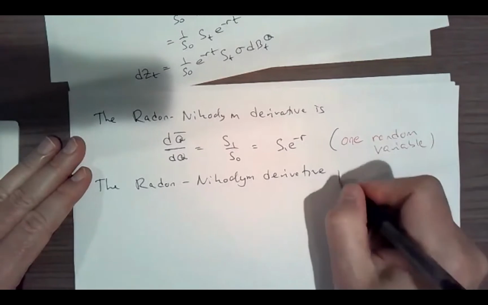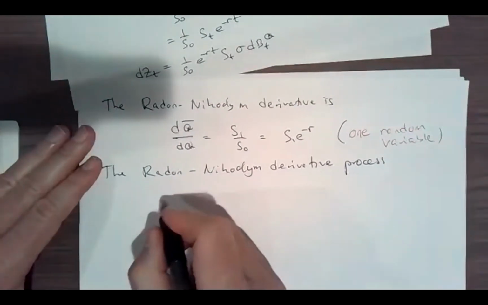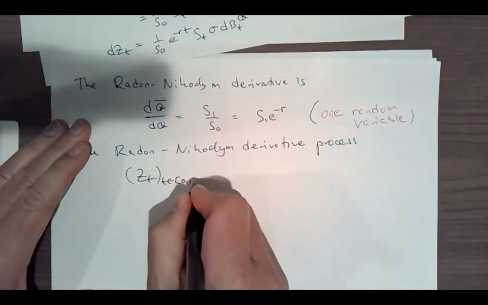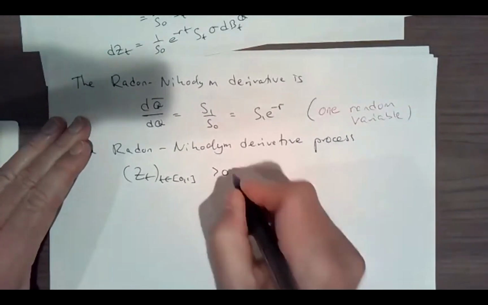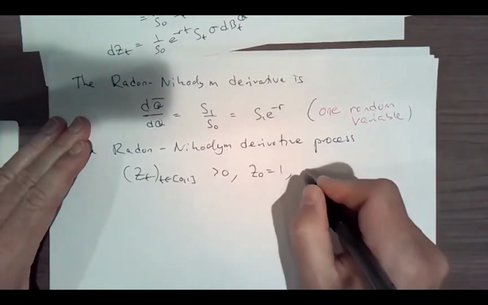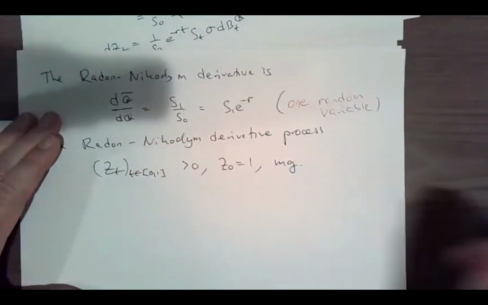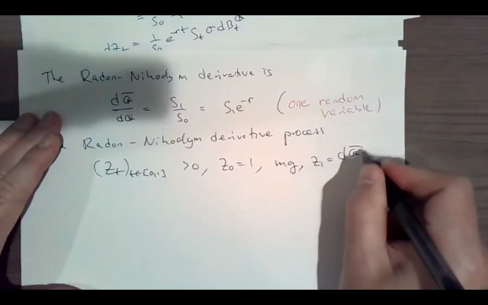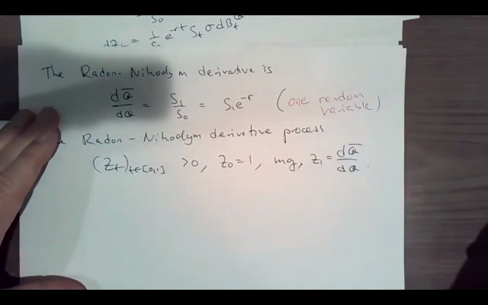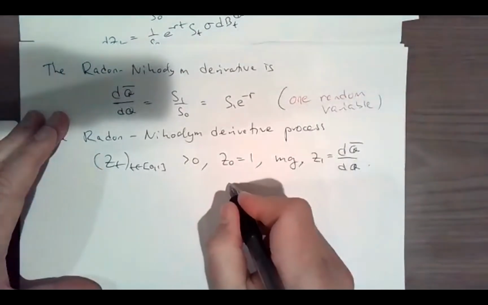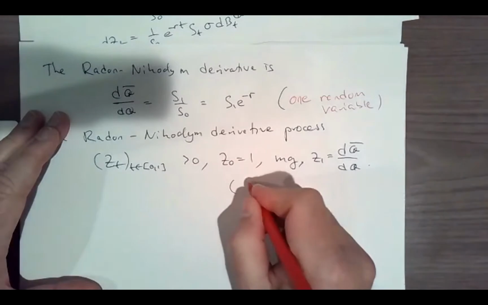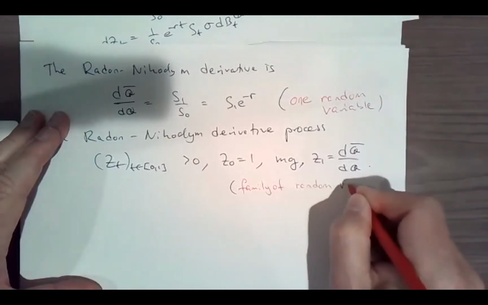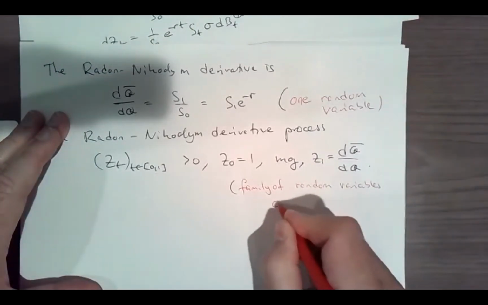The Radon-Nikodym derivative process is a martingale, this Zt. Here the time horizon is 1. This is a positive process. It starts out at 1 and it's a martingale. And at the end, at time 1, you're going to get this dQ bar over dQ. This is a family of random variables, one for each t.